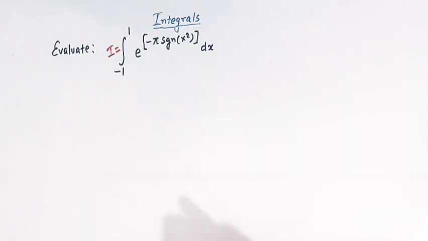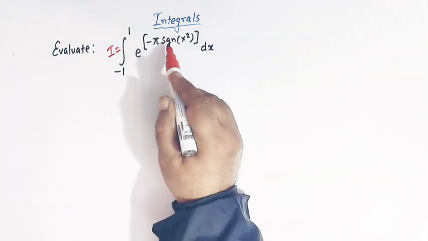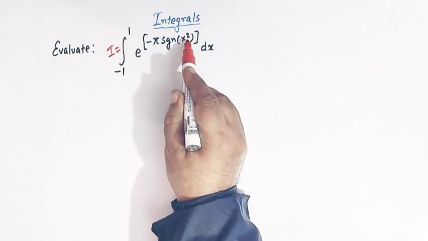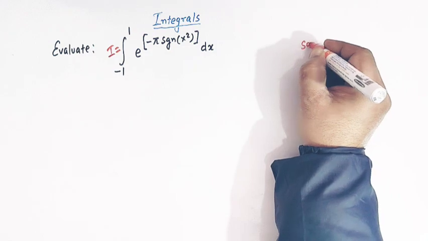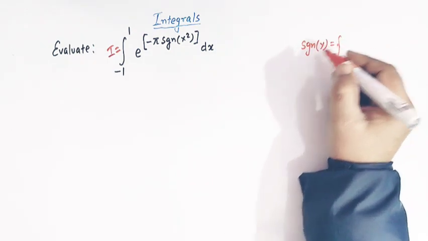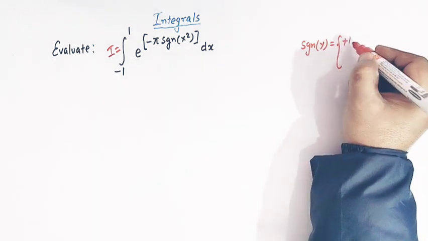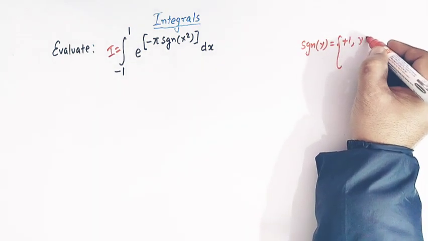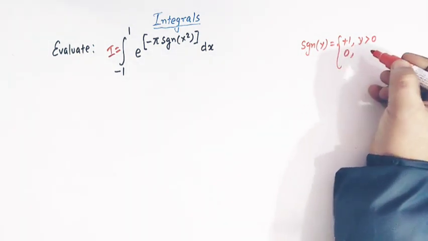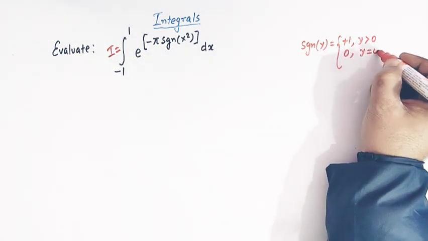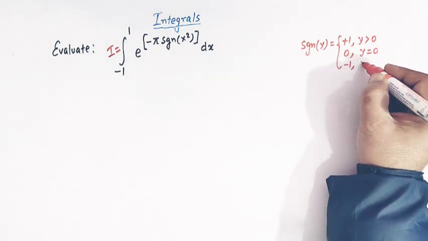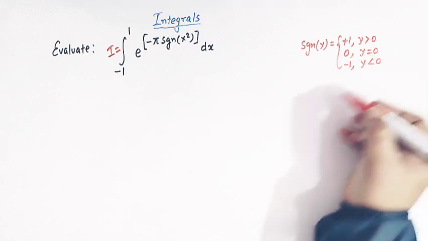Now let us first define the signum function. Here we have signum of x square. Signum of y is defined like this: signum of y takes the value plus 1 whenever y is greater than 0, signum of y is equal to 0 whenever y is equal to 0, and signum of y is negative 1 whenever y is less than 0.